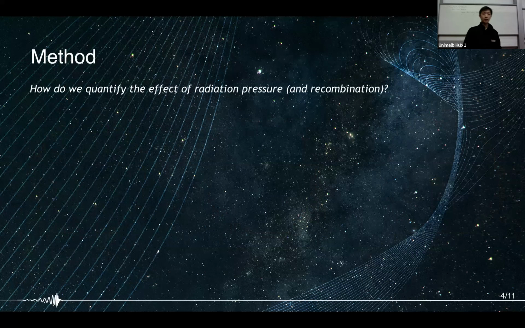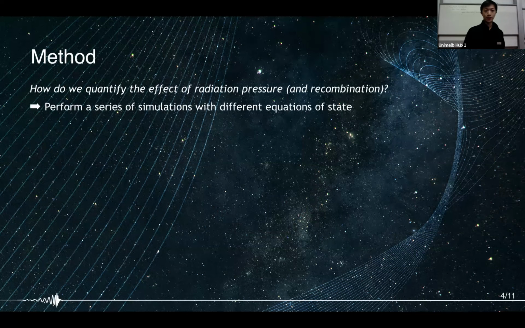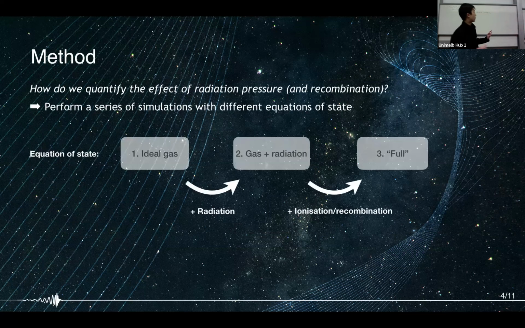So how do I seek to quantify the effects of radiation pressure and of recombination in a common envelope? The method we're taking is that we're performing a series of simulations, but with different equations of state. So with 3 different equations of state here, the first one being just an ideal gas equation of state, the second one being gas plus radiation. So we add in the contribution of radiation.